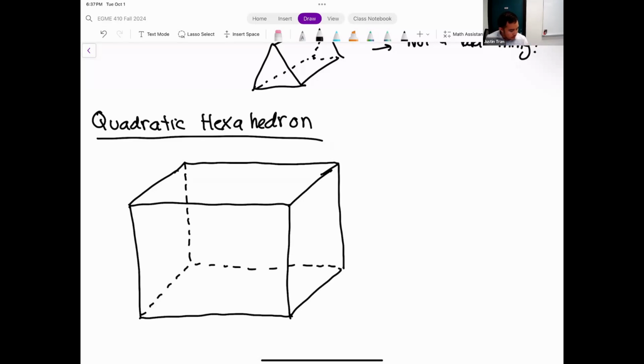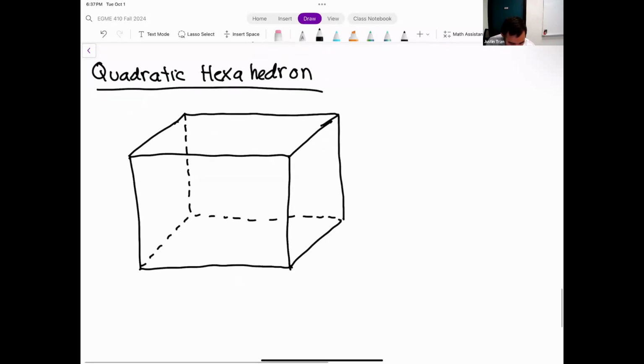Okay, all right, so here is our hexahedron. I drew it really big because we have 20 nodes to include here. Let me include all the vertices just like before. We have our 8 vertex nodes, and then we're going to have 12 mid nodes for each of the 12 edges of this element as well.